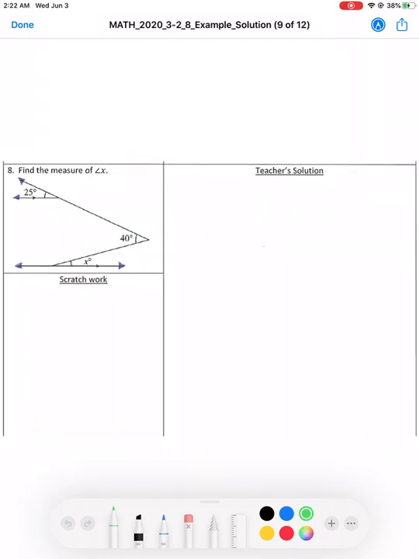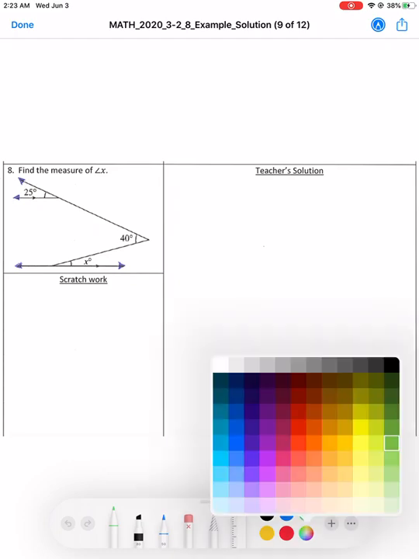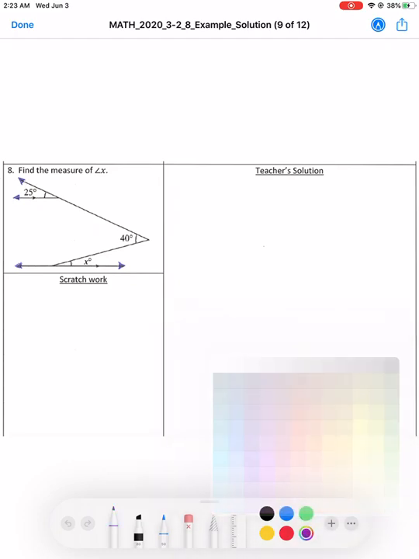All right, class, number 8 from section 3.2, homework set 11. I'm going to again go to my default and draw an auxiliary line right through the 40 degrees. There we go.